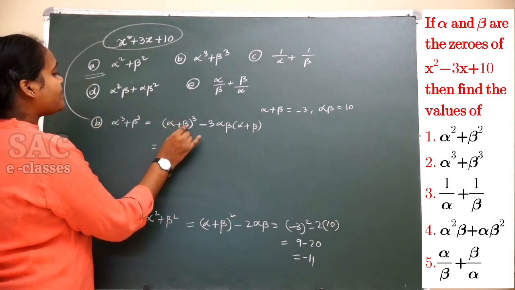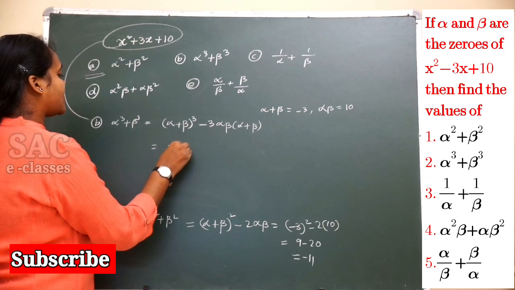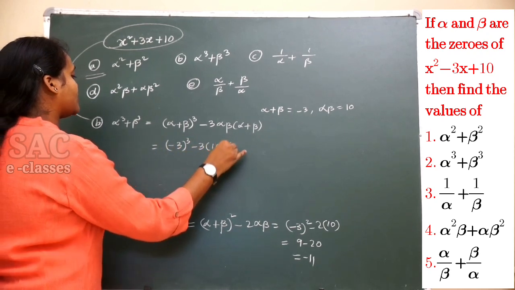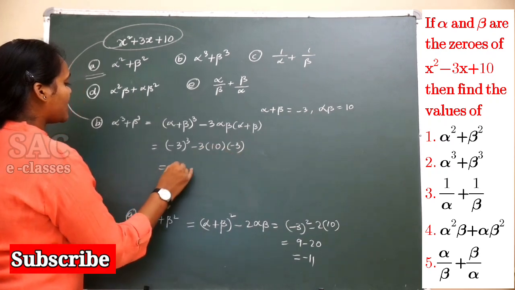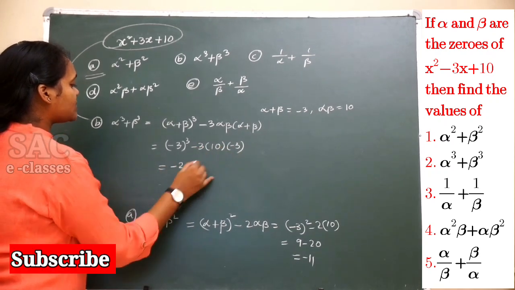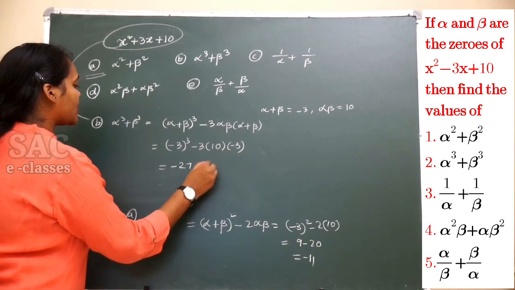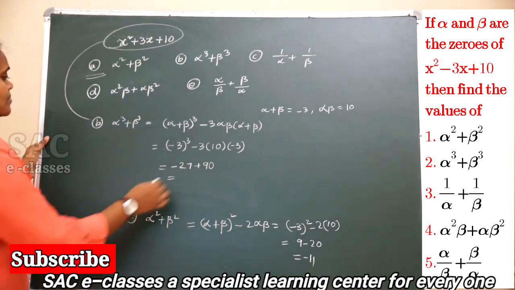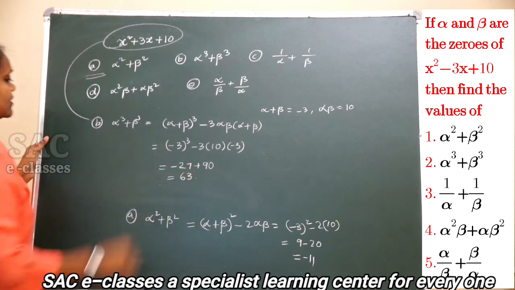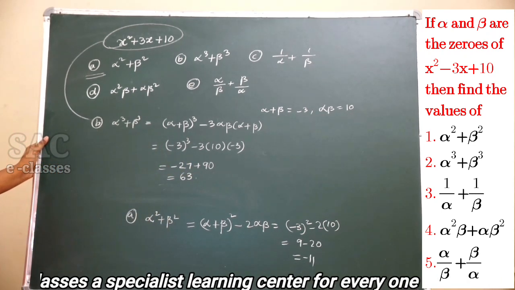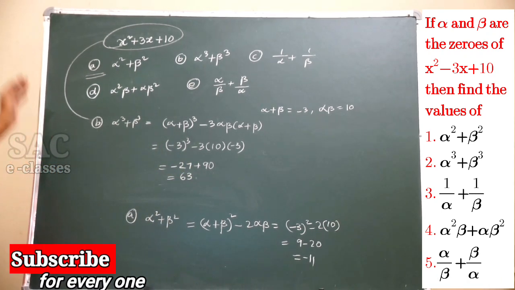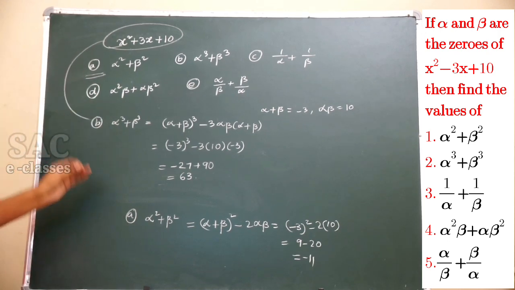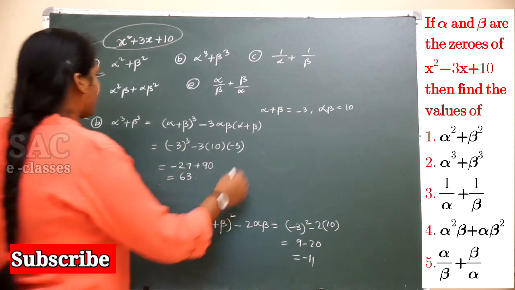Alpha plus beta whole cube is minus 3 whole cube, minus 3 into 10 into minus 3. So minus 27 plus 90, obviously it is 63. That is the value of alpha cube plus beta cube. Do we really require the alpha and beta values? No, we don't require them.